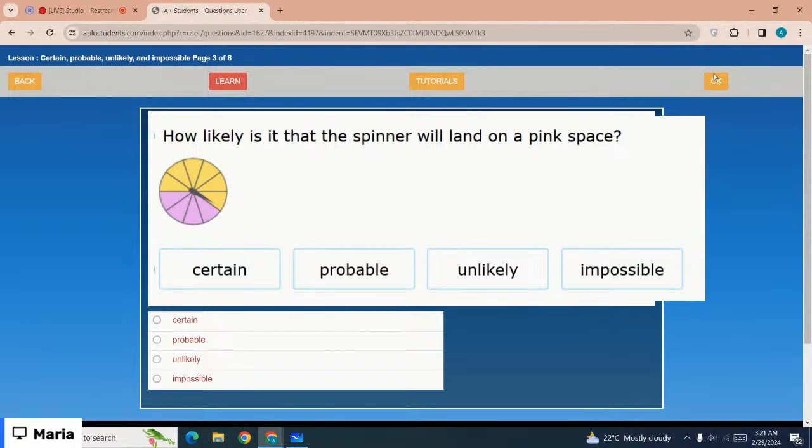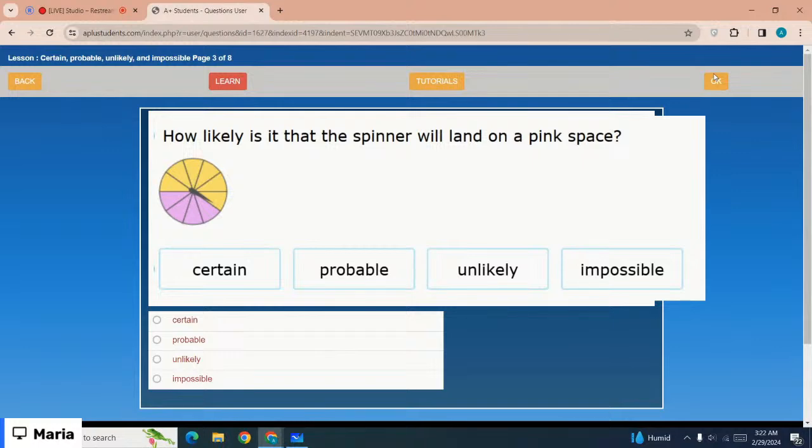How likely is it that the spinner will land on a pink space? Which is the correct option? Unlikely it is, right?